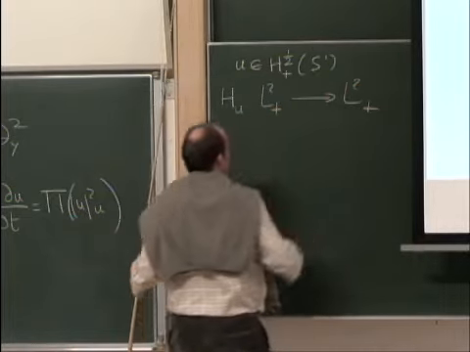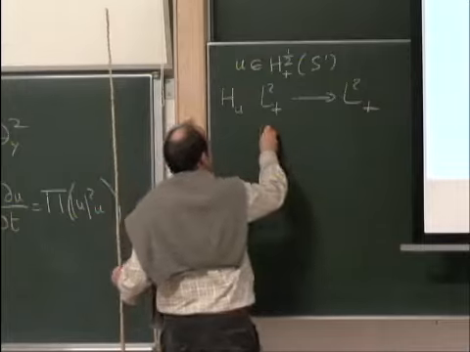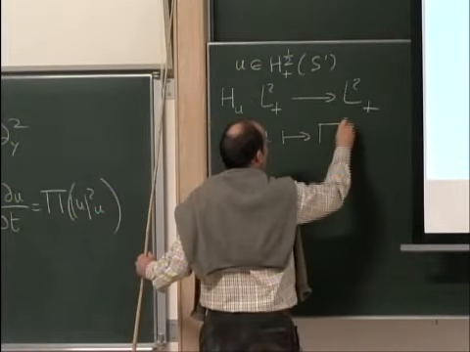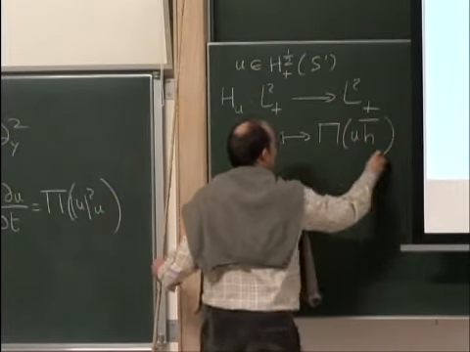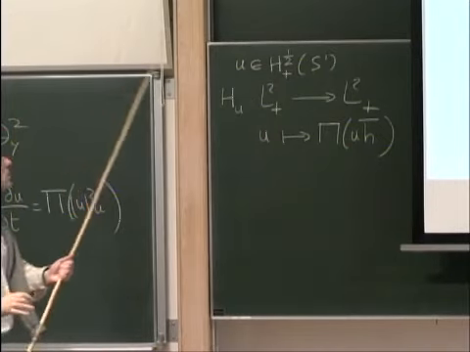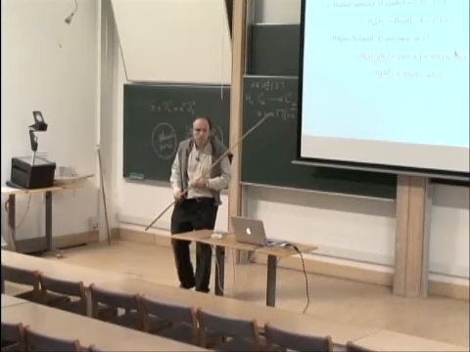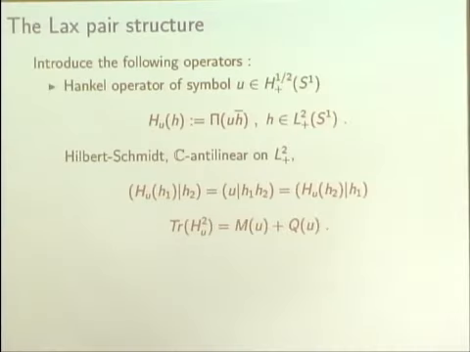So it's an operator on the Hardy space, which is defined by this strange expression, P of u h bar. So it's not C-linear, it's just an anti-linear operator on L^2_+, but it's R-linear, for instance. And it enjoys many properties.